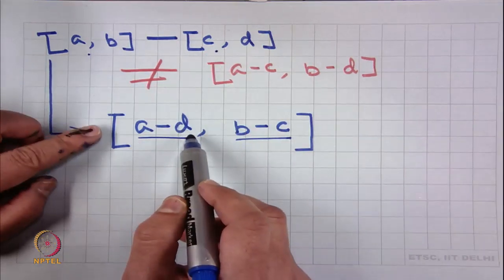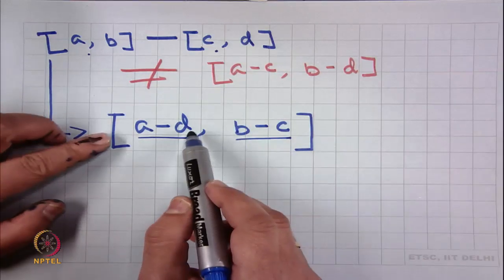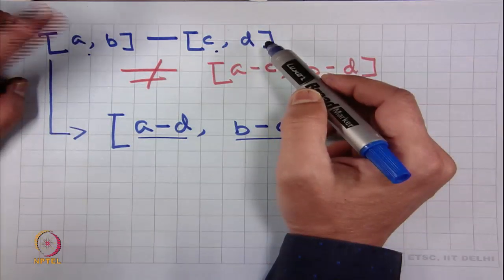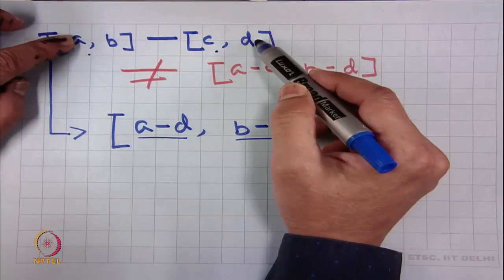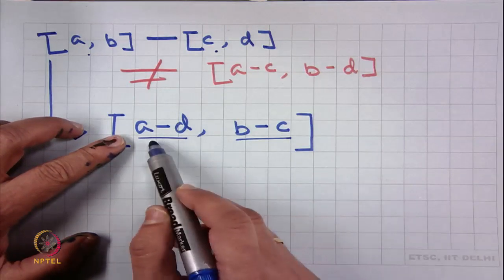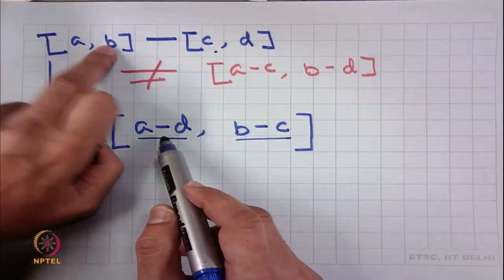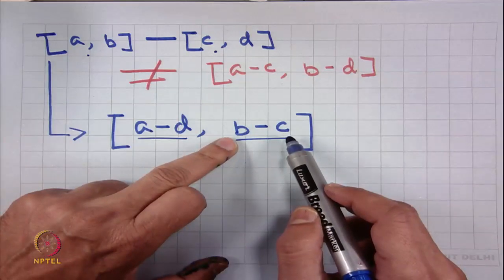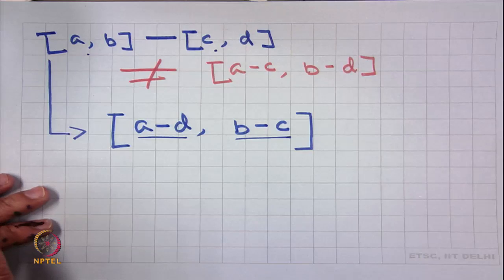The lowermost value of the difference is going to be a minus d. When a is the smallest and d is the largest, the difference is going to be the least one, and when b is the highest and c is the smallest, their difference is going to be the largest one in the intervals.